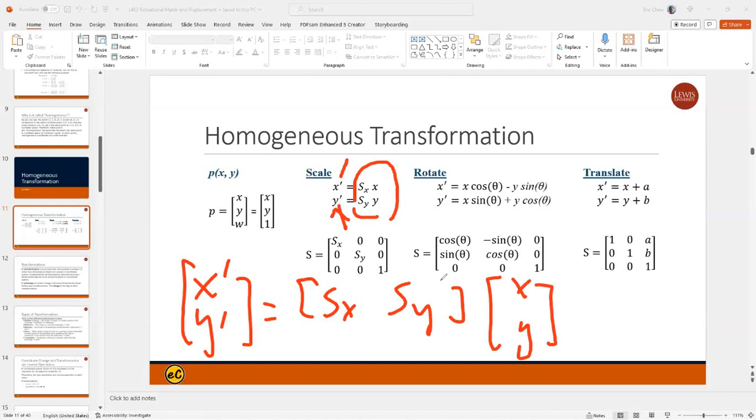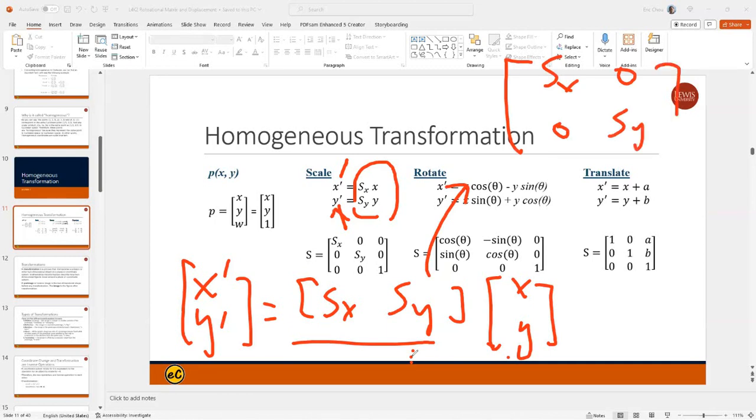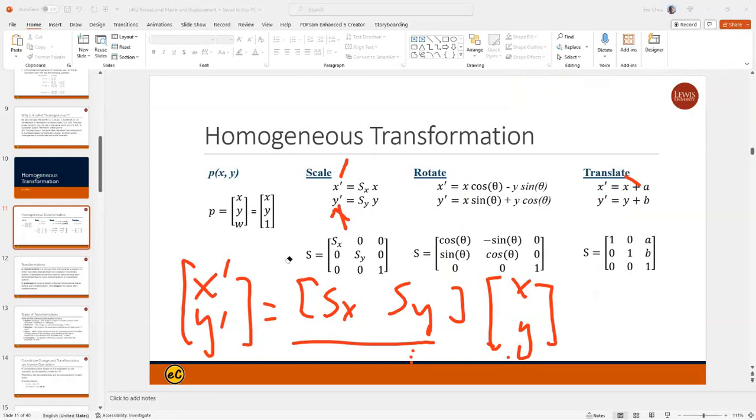You can put it down as Sx, 0 times x, y. Then the same multiplication can be expressed by a matrix, if we are doing scaling. It doesn't hurt if you put a 1 over there.